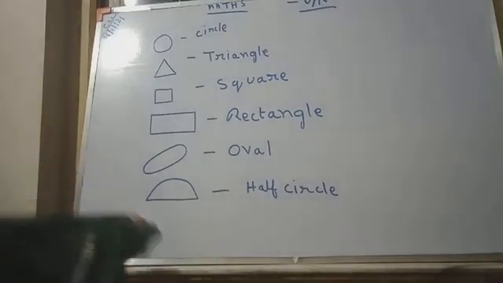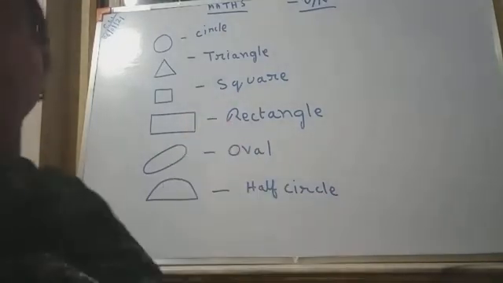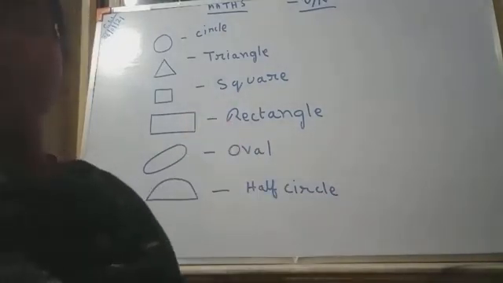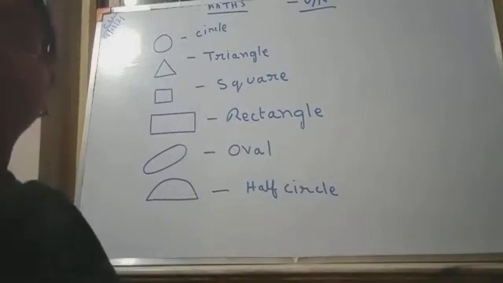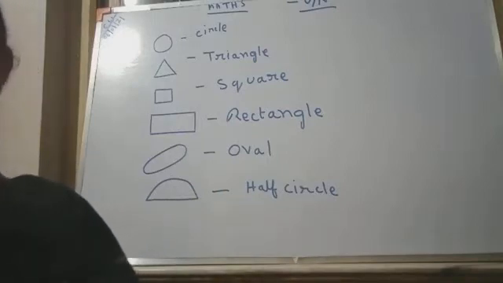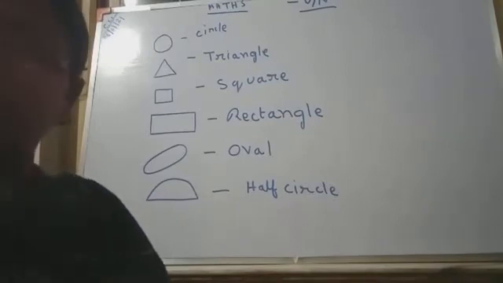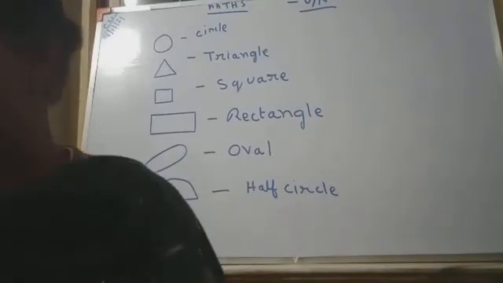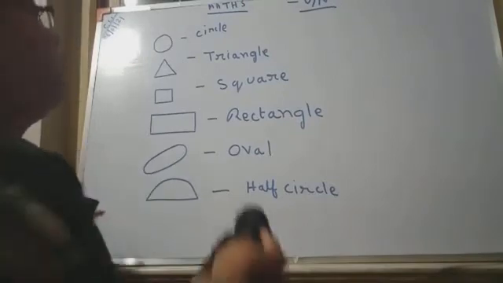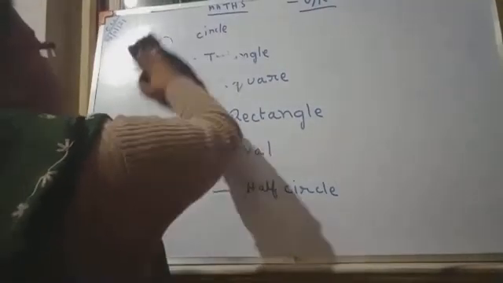So children, with the help of these shapes, I will draw one diagram, and you have to identify how many circles there are, how many rectangles, how many squares, how many triangles. See how.